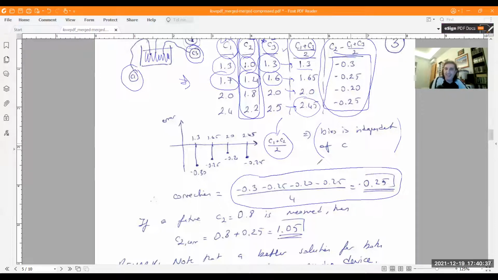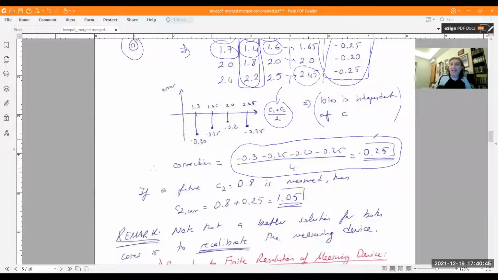If this were not the case, finding the mean value and using it would be inappropriate from a statistical point of view. So we have a bias of minus 0.25 between the second and the first and third combination of conductometers. So if in the future we obtain a measured value of 0.8, then we are going to add this value here because it's minus.